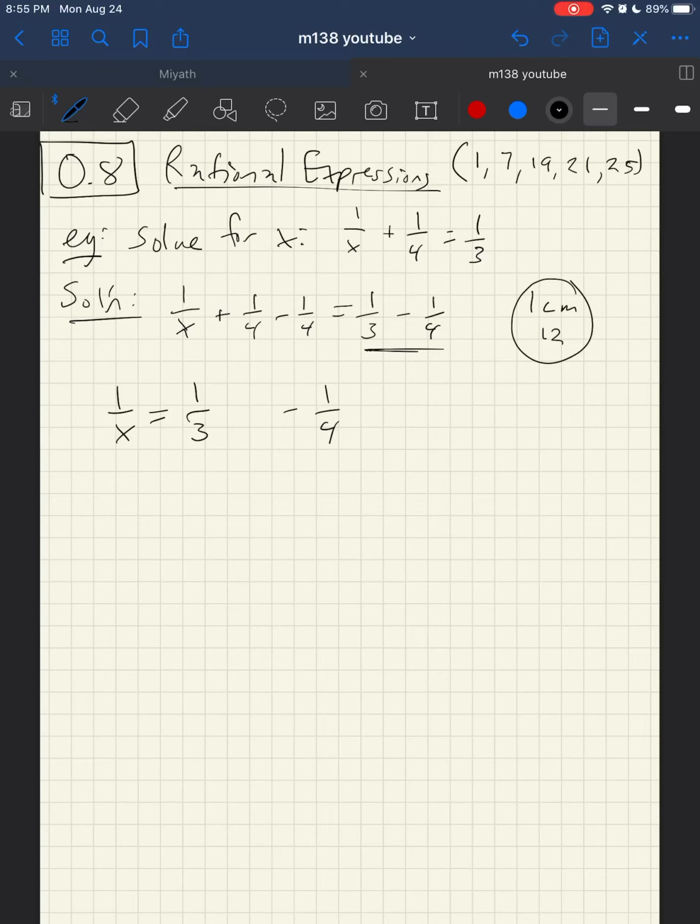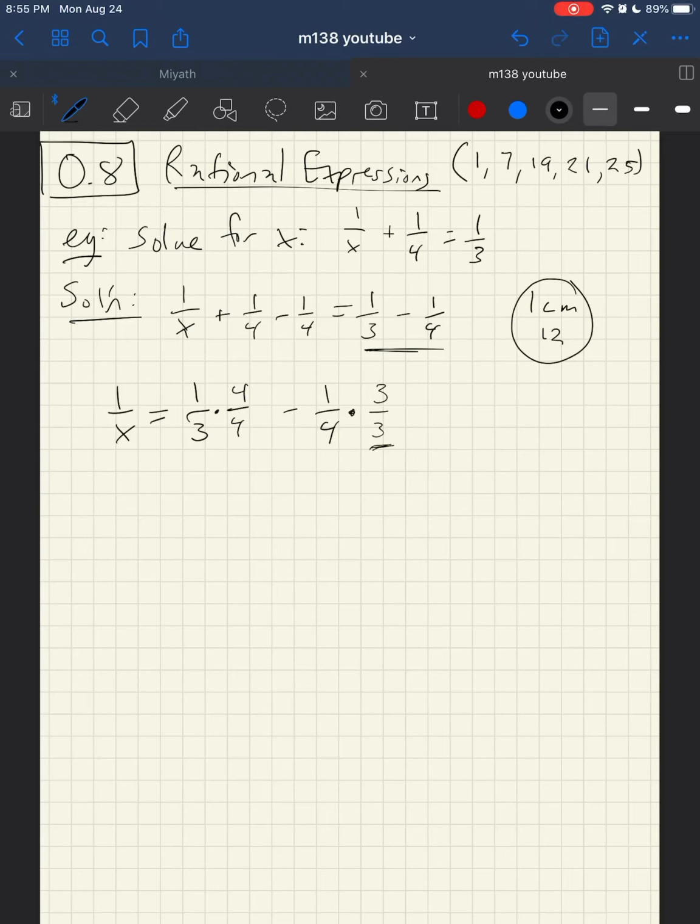So they have a lowest common multiple of 12, and so that means that I want to make both of these fractions over 12. So in order to make this 3 over 12, I'm going to multiply it by 4 over 4. And in order to make this 4 over 12, I'm going to multiply it by 3 over 3. Now you notice I'm only messing with the right-hand side of this equation, which would normally be bad, but it's okay because I'm multiplying by 1, because 4 over 4 is 1, and this is 1.